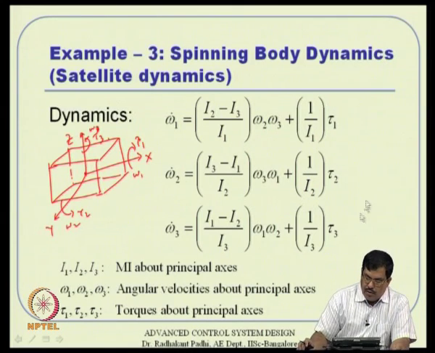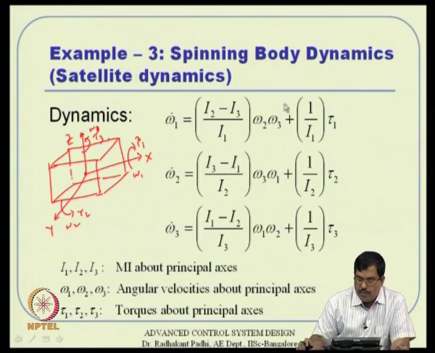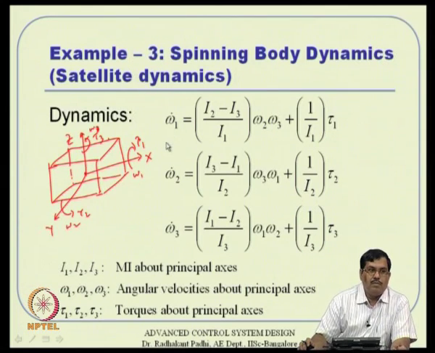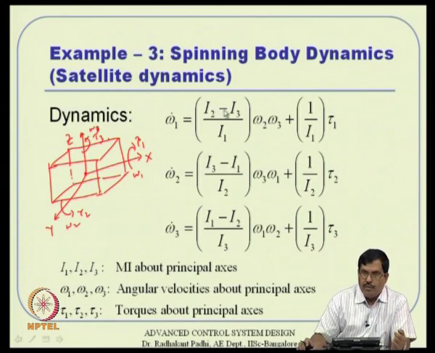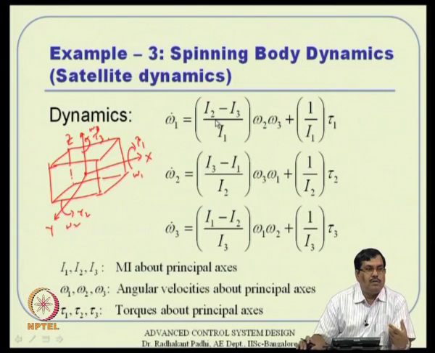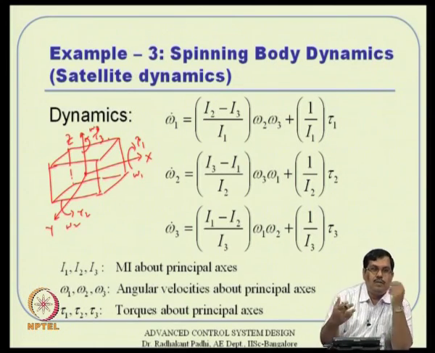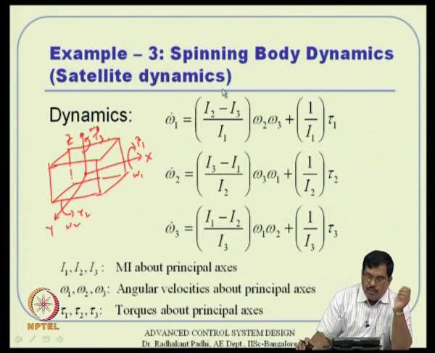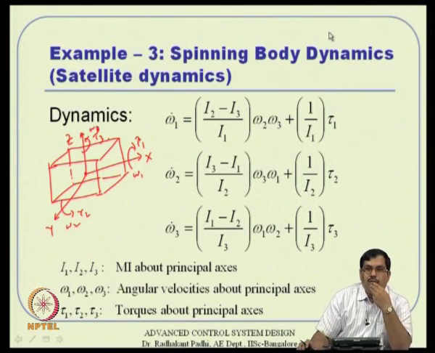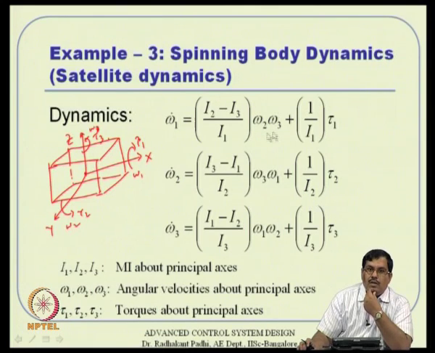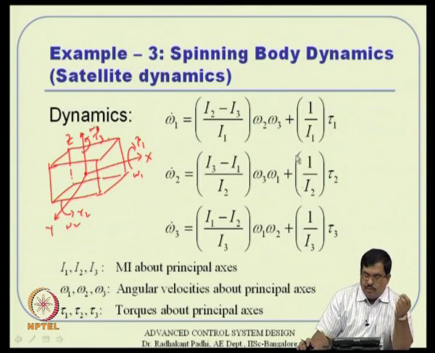So we want to linearize this system dynamics. One of the objectives for control design, let us say, is arresting the tumbling. That means if it keeps on rotating in different directions, one direction it rotates that way, then another direction, and then the other direction, it will all get coupled. That is called the tumbling effect. If you want to control that tumbling effect using linearized system dynamics, we really need to have a linearized system to begin with.